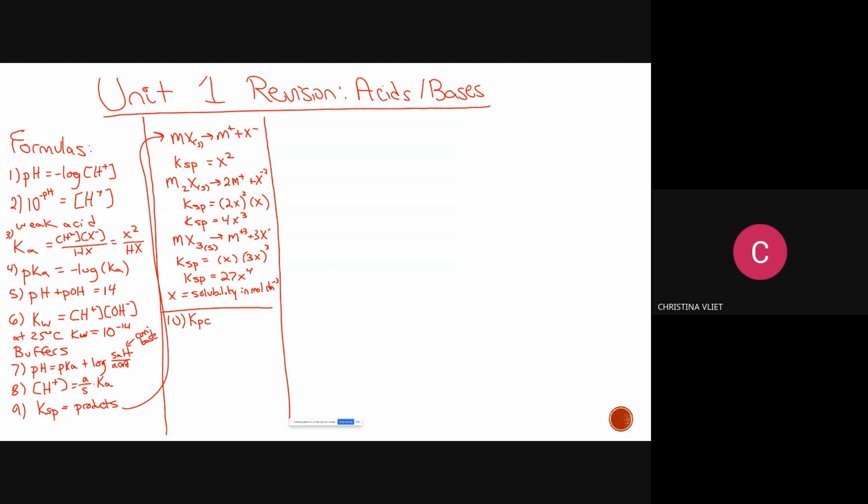KPC is the partition coefficient, and that's the really weird one. That's the solubility of a compound in two different solvents that are immiscible with each other. And so this one is the solubility in solvent A of whatever that is over the solubility in solvent B. And this is when you have this little device right there, two immiscible liquids.